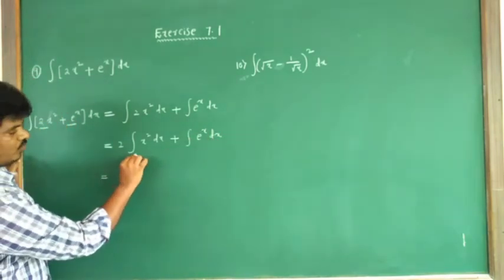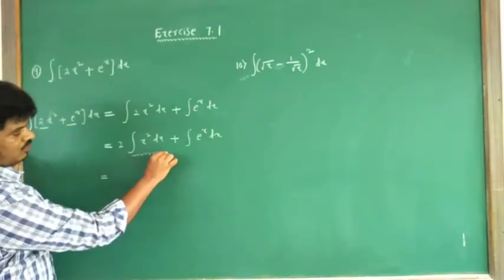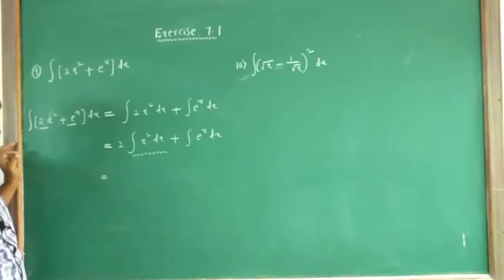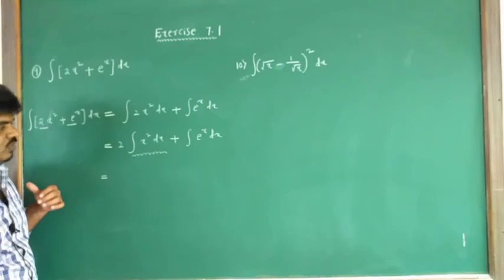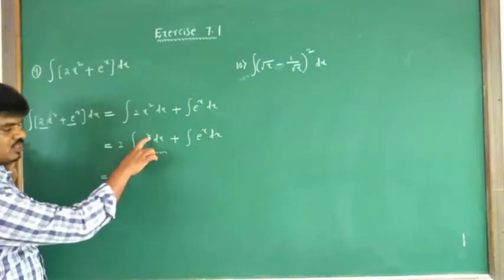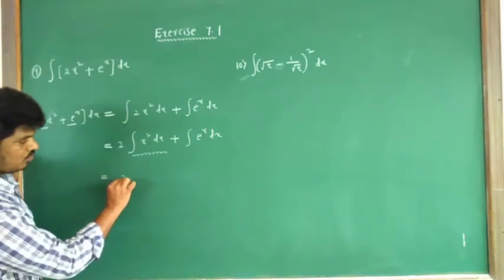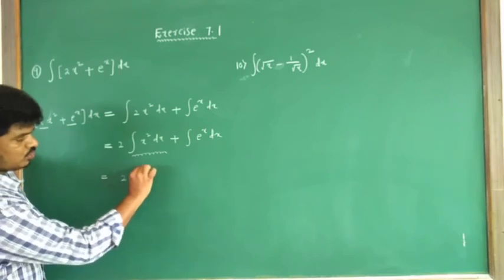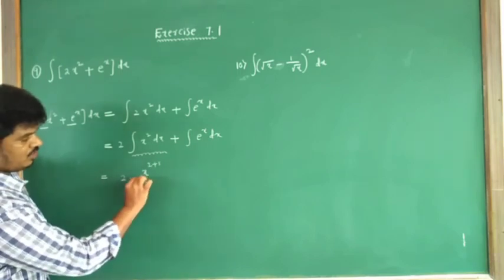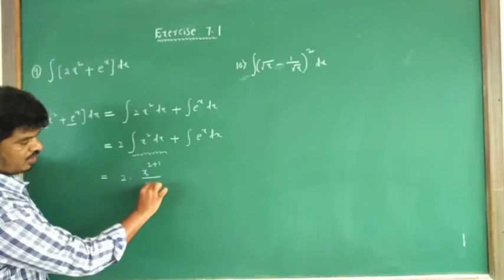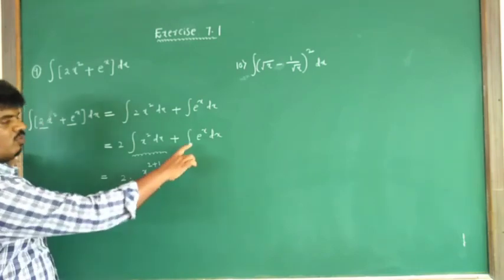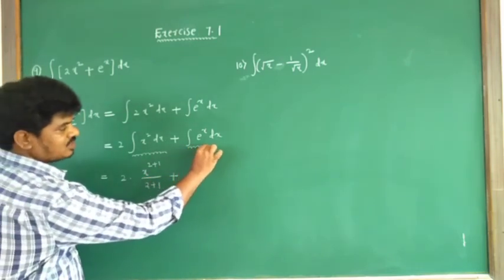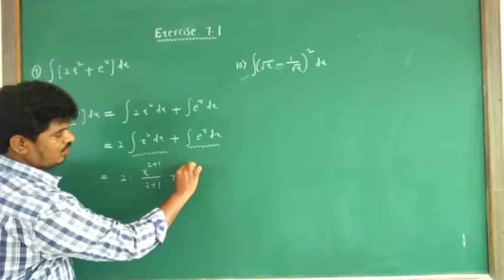See, we use the first formula. What is that? Integral of x to the power of n dx equals x to the power of n plus 1 divided by n plus 1 plus c. So in the place of n we have 2. So 2 into x to the power of 2 plus 1 divided by 2 plus 1 plus, what is the integral of e to the power of x? That is e to the power of x only.